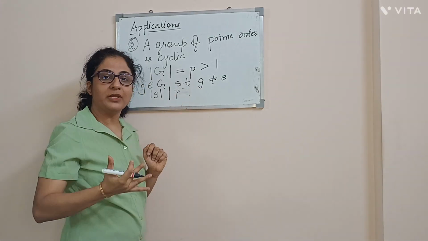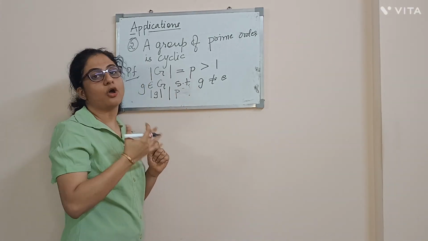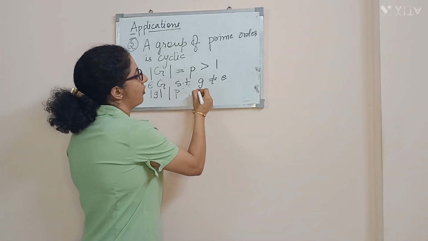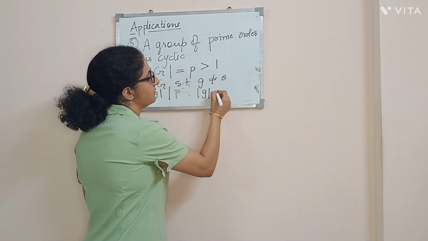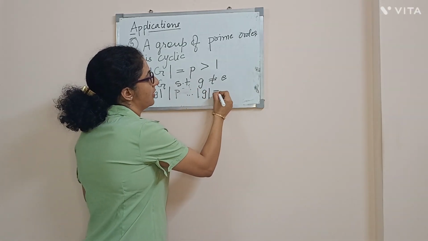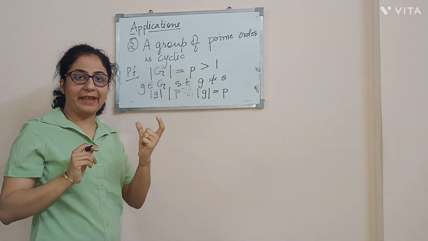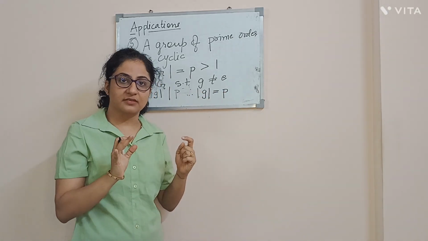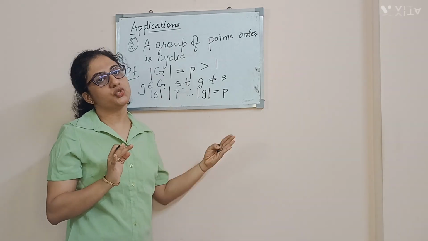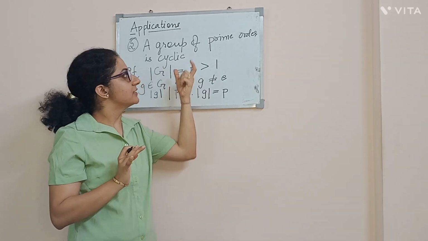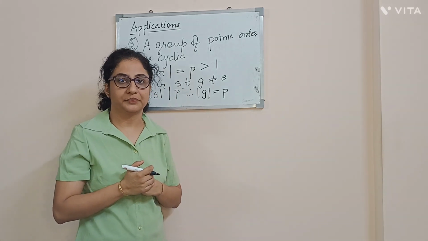The only factors of p are 1 or p itself. So the order of g must equal p. It means we have got an element in the group whose order is equal to the order of the group. It means this group is cyclic.